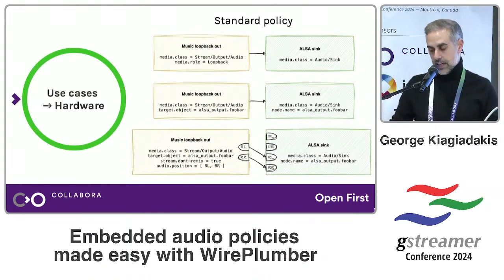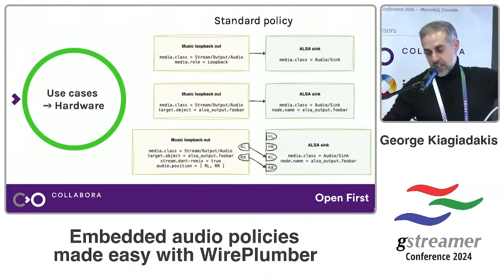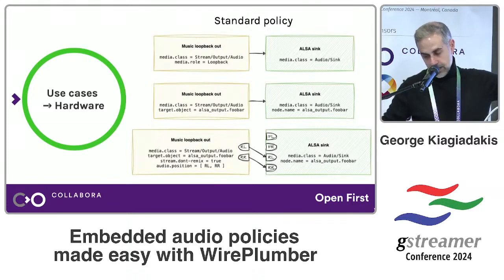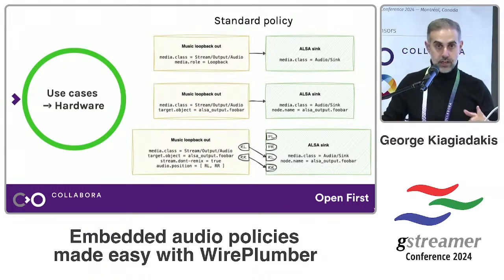And finally, for the weird DSP use case where you have channel splitting, you could also do the same with target.object, but also configure linking to specific channels. So there you can see that the last loopback has an audio position, rear left, rear right, and that means that it will be configured to link to those channels only from the target.